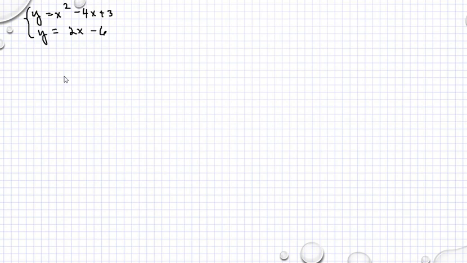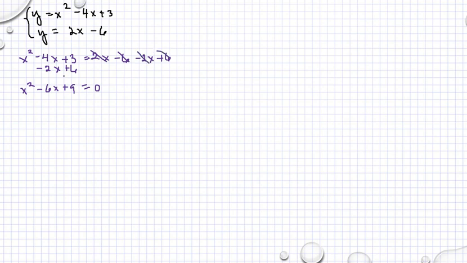This is another example. We'll do the same. Then we have x squared minus 4x plus 3 is equal to 2x minus 6. If we subtract both sides of the equation by 2x and add 6, then we have x squared minus 6x plus 9 is equal to 0.